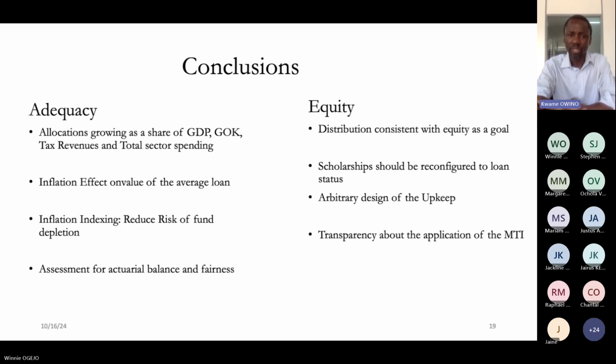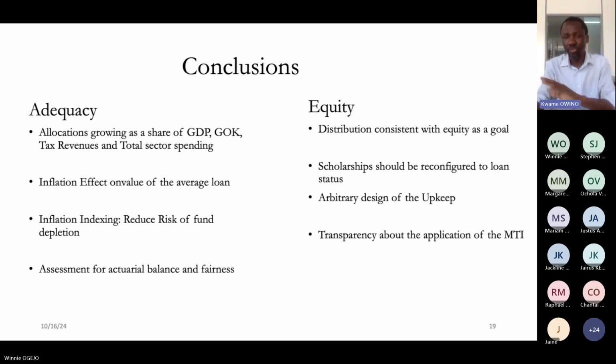And then the final part on the adequacy side, we need to remember that the Higher Education Loans Board manages a fund. So what that means is that an actuarial balance, which is basically how much the fund is able to sustain itself, and its fairness in terms of how it deals with those who are recipients of the fund, is something that needs to be borne into account, and that the study will complete.